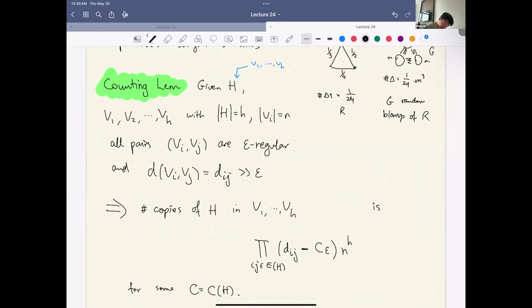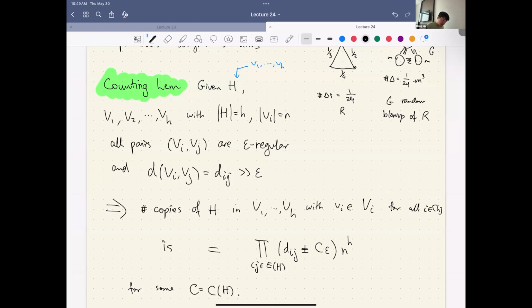The number of copies of H with each vertex i of H embedded in the corresponding part V_i is equal to the expected count, plus or minus a small error. I want to write the equality case.